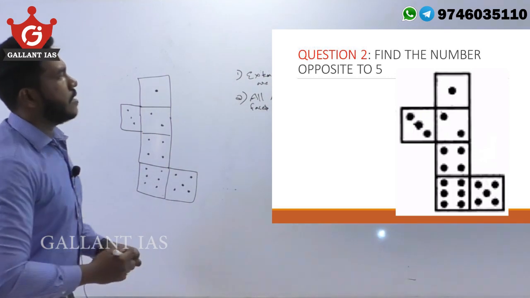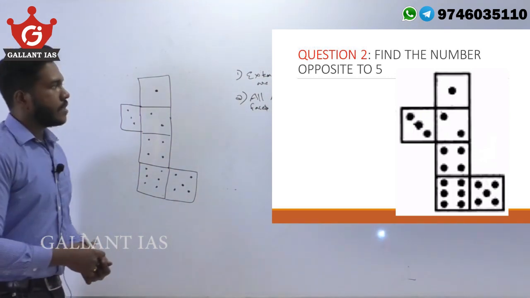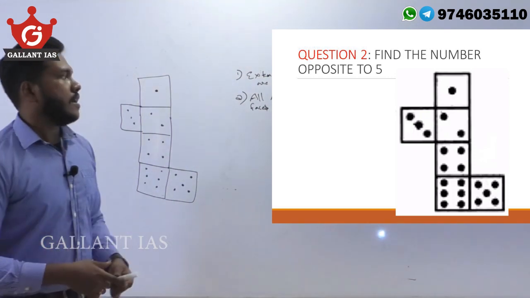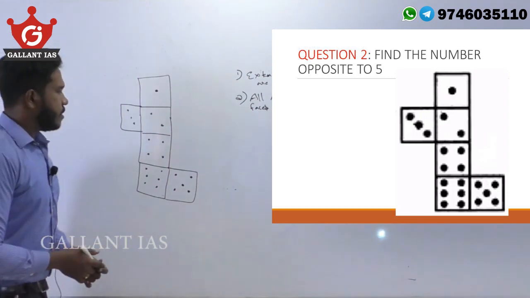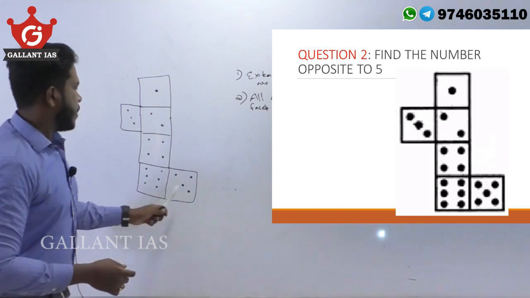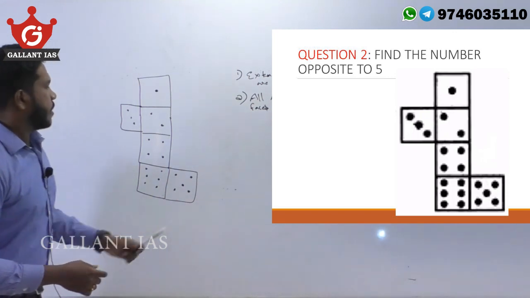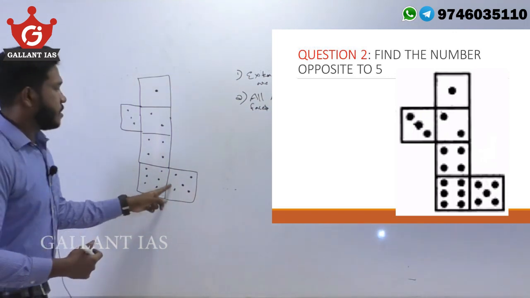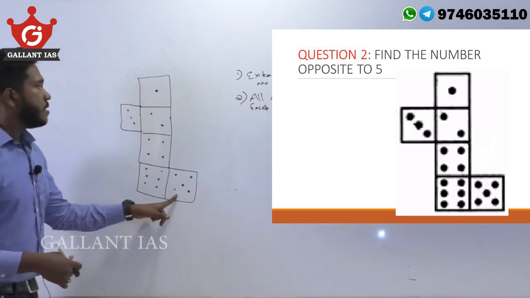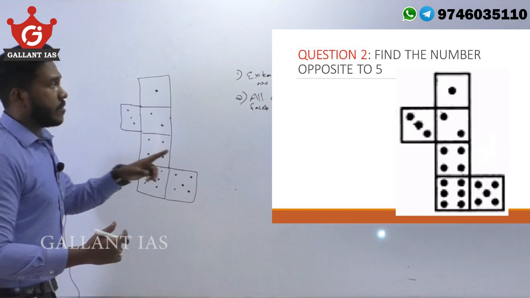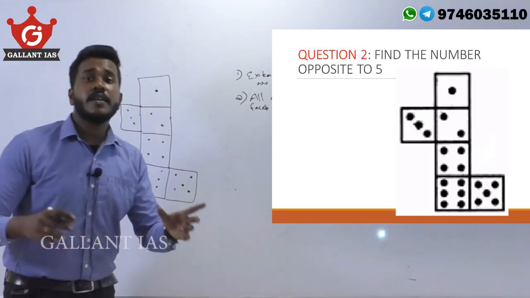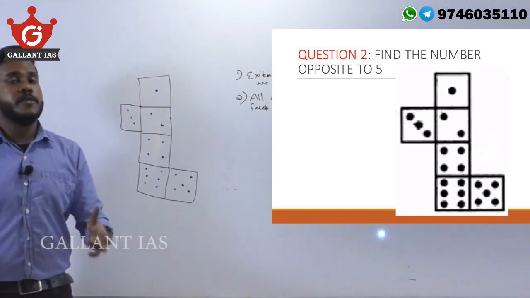So find the number opposite to 5. That is what they asked: we need to find the face opposite to 5. So where is our 5? 5 is an extended face, one of the extended faces. So what is the other extended face? 3. According to our first property, we know that the extended faces will be opposite to each other.